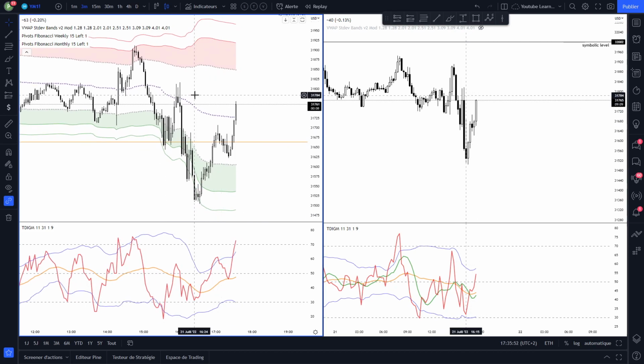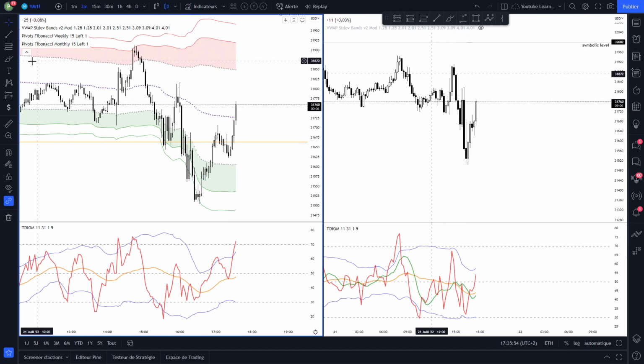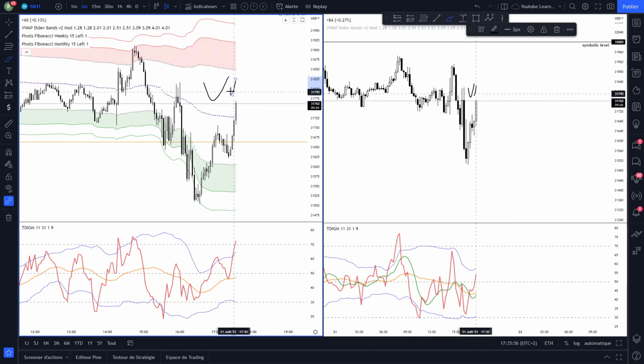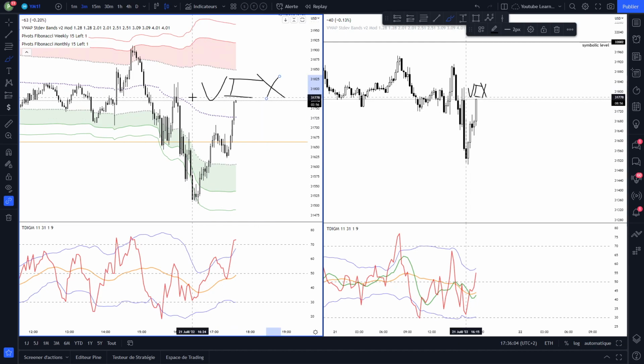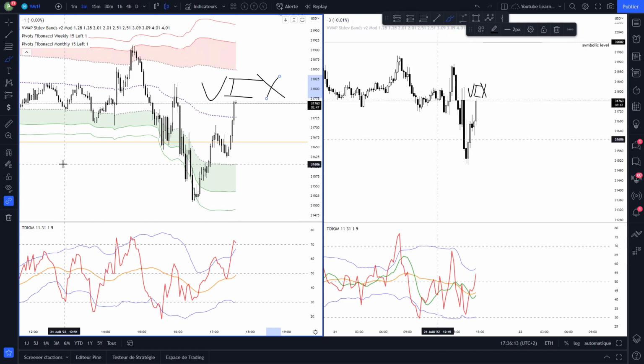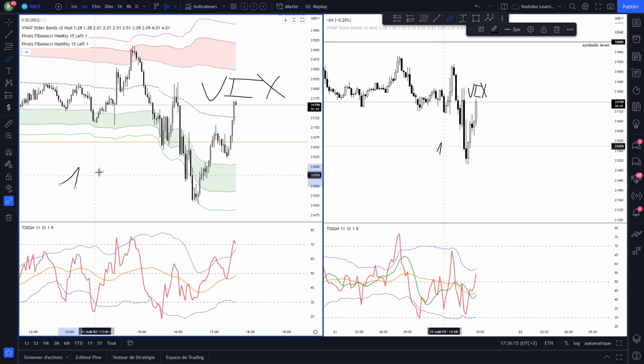For my position size, I will always look at the VIX, which is a volatility index. If the volatility on the market is very high, I will reduce my position size, and if the volatility is really low, I can increase my position size. But I won't risk more than 1%, and 1% risk is really for a good setup.